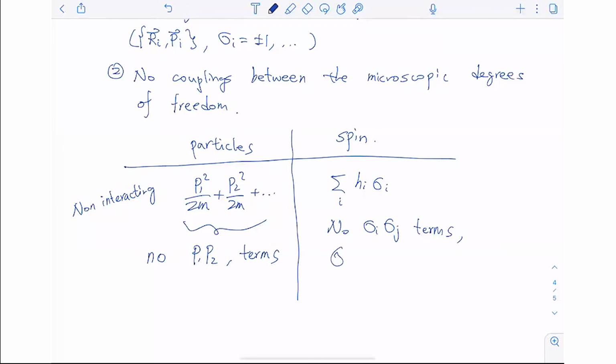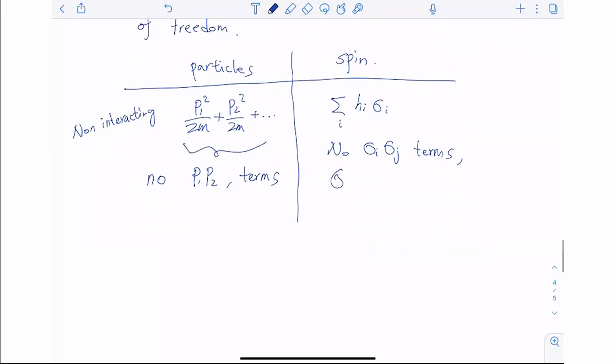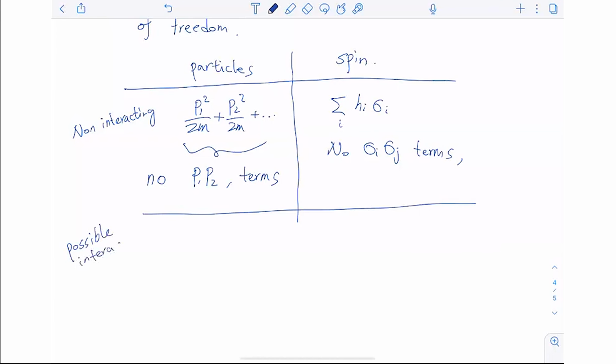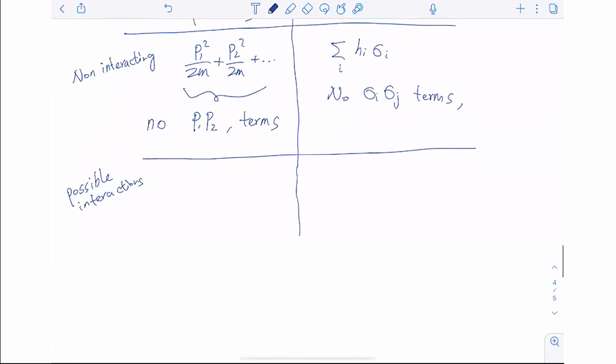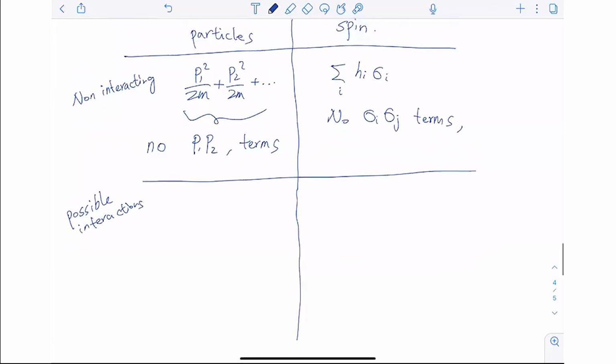For example, maybe you could have things like, here's the possible interactions. So for the particles, maybe there's a potential between the ith and jth particle.